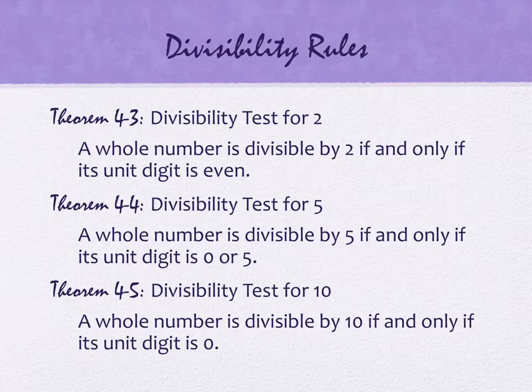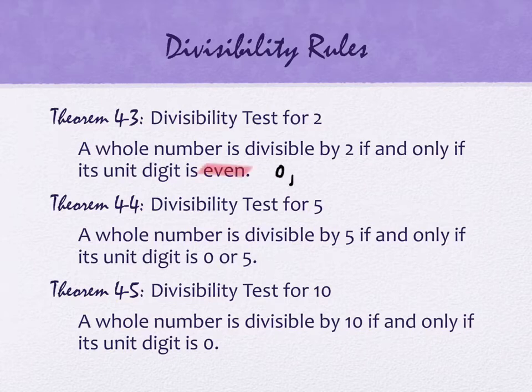And not all of our rules have this sort of a property to them. It's just these 3. Okay, so I can't do this with the divisibility for 3s. I can't look at the last digit and just know. I can't do this for divisibility by 8. I can't look at the last digit and just know. But I can do it for 2s, 5s, and 10s. And I expanded this a little bit further.